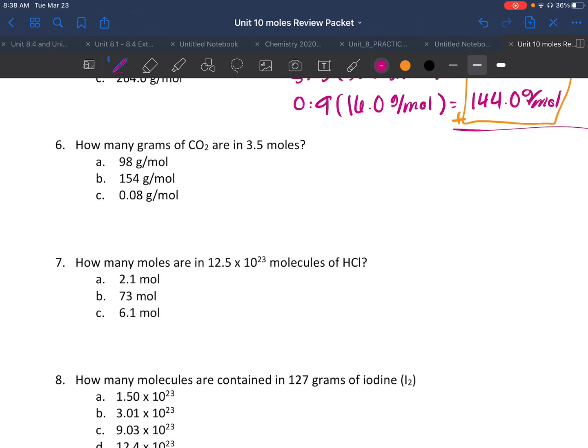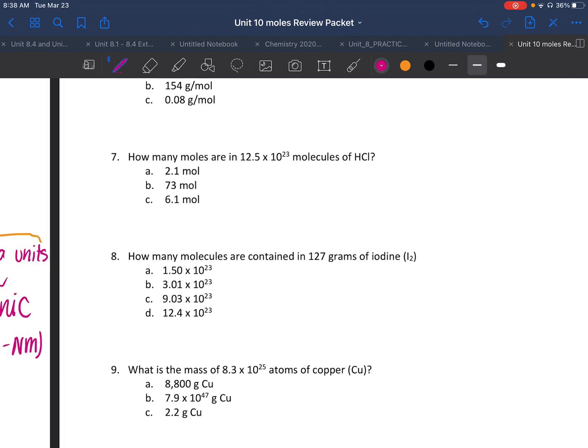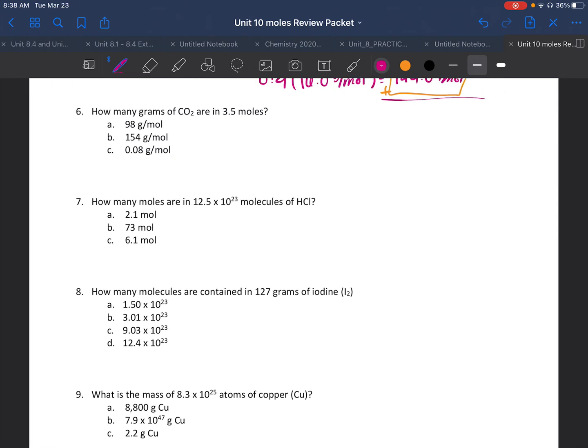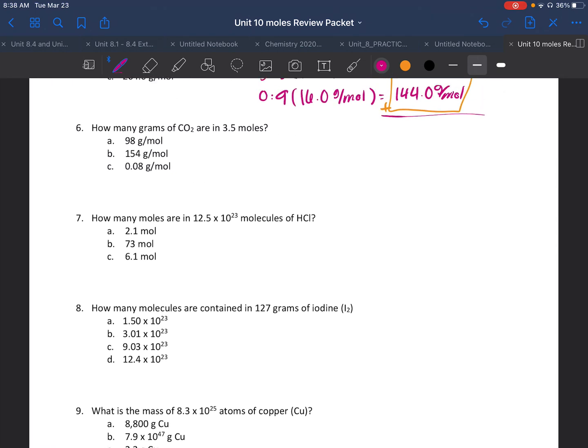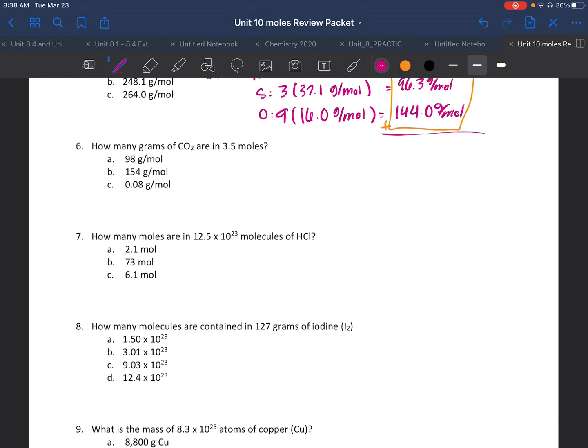All right, number 6. This is asking how many grams of CO2 are in 3.5 moles. So the rest of these problems are going to be stoichiometry on this page. And what I was trying to emphasize yesterday during our review time is that you have 2 tools now.